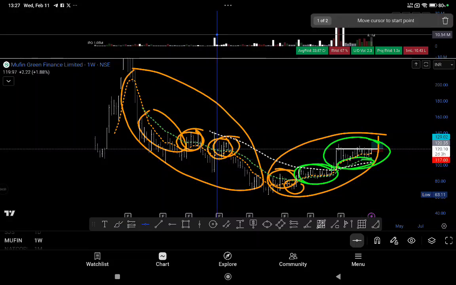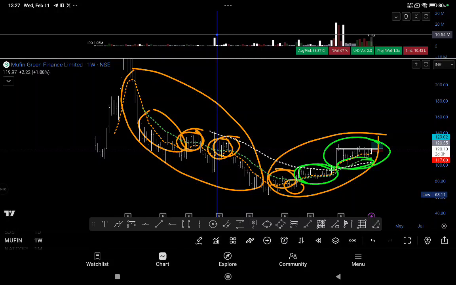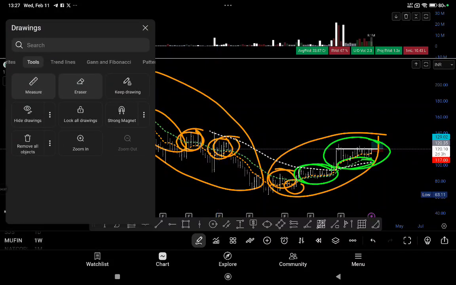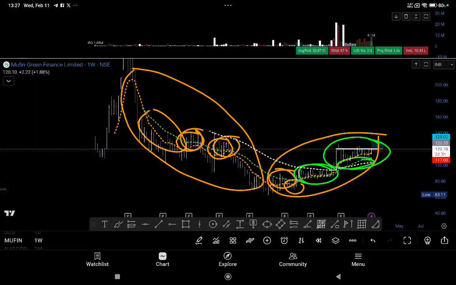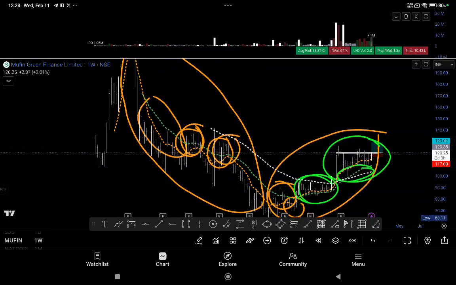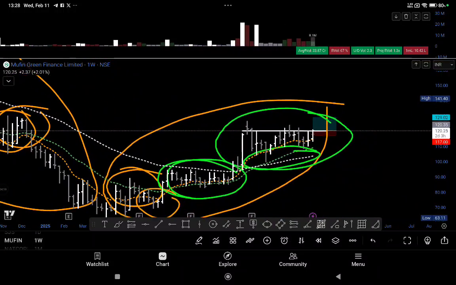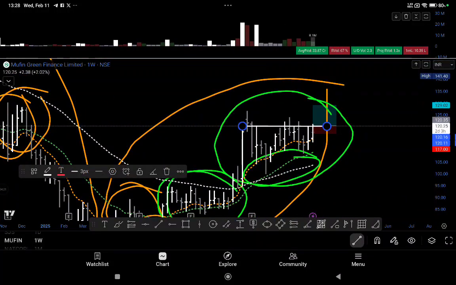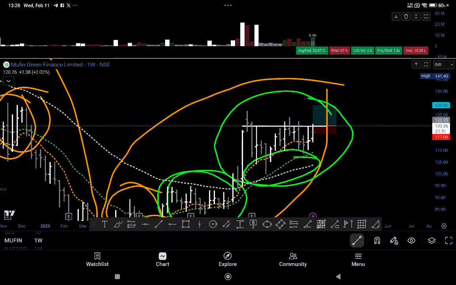Okay, let me remove this now. Just a minute. How to remove this? Okay. Now on weekly you have in mindset that the bigger time frame is with you. I took an entry at 120.35. Now if you take an entry on the weekly basis and you keep a stop loss, say you are trading just the weekly time frame, the appropriate place to keep a stop loss will be, let me tell you.